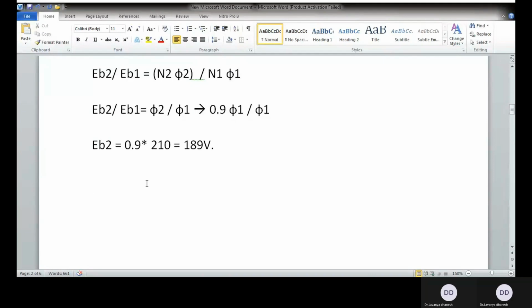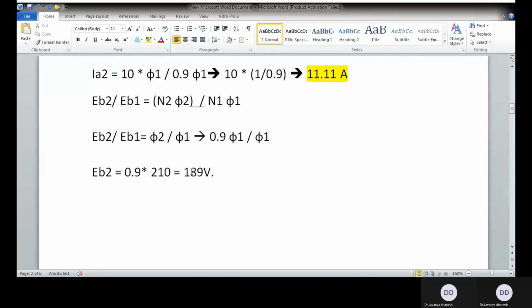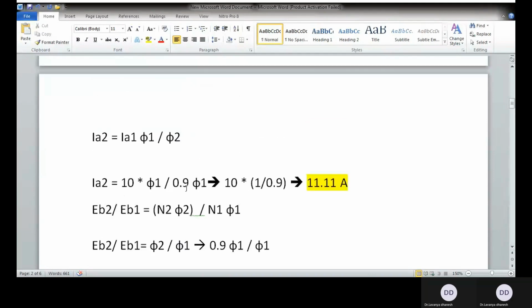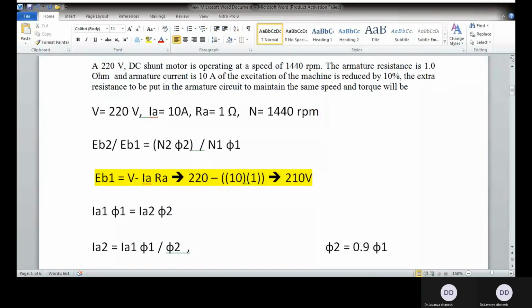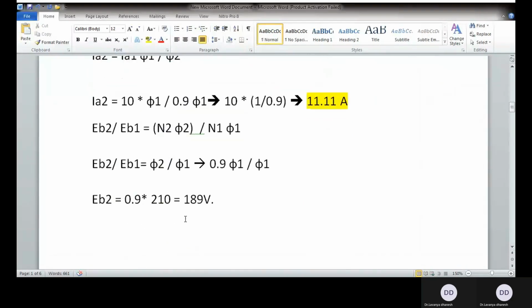Now, what is the question actually? The question is not EB2. Okay, your question is what is the extra resistance we have to put in the armature circuit? What is the formula you're going to write?